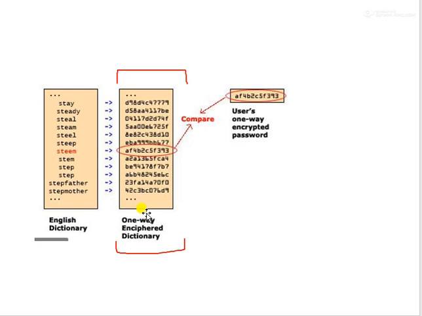We choose all possible salt values with each word of the dictionary, and we already pre-compute the hashes of each password with each possible salt value, and as a result this rainbow table will be a huge table.